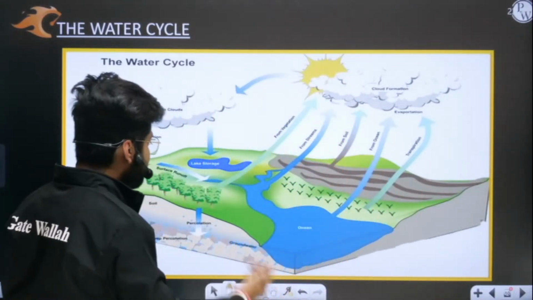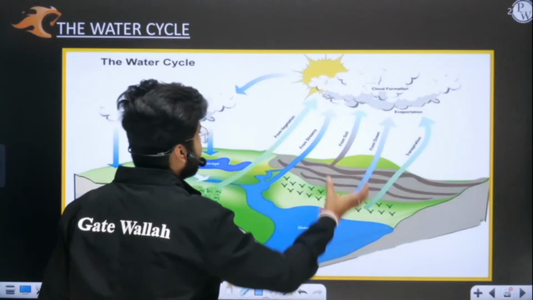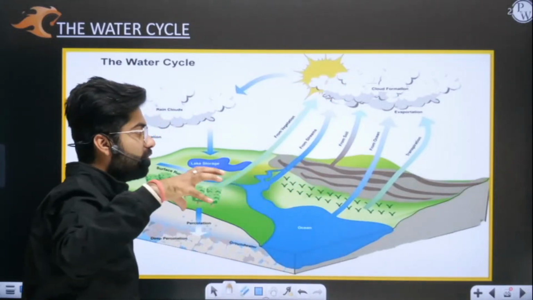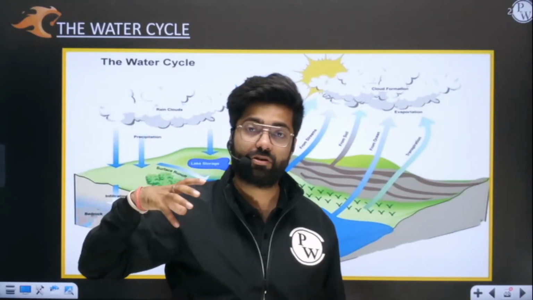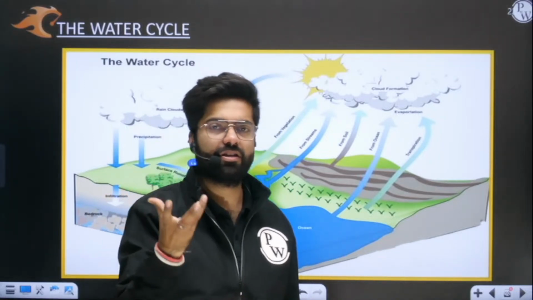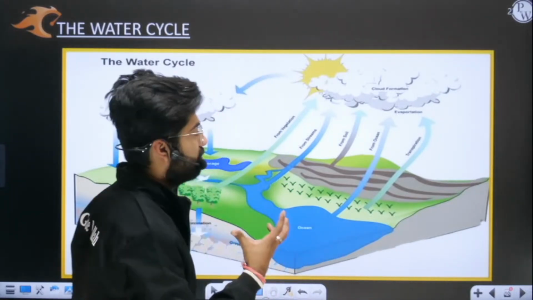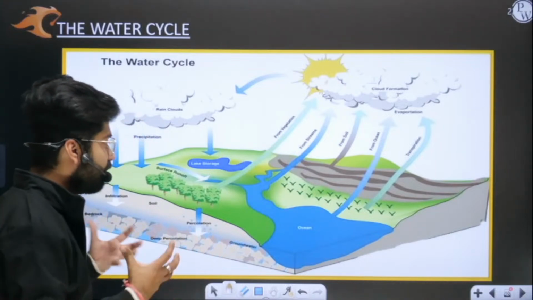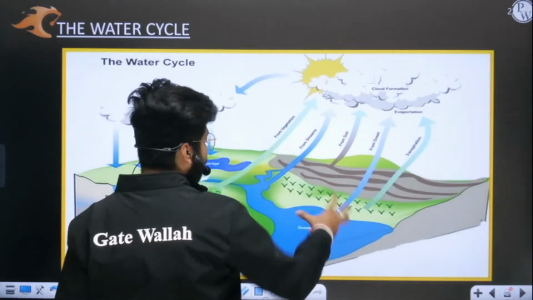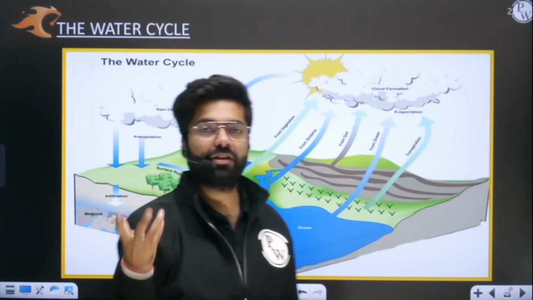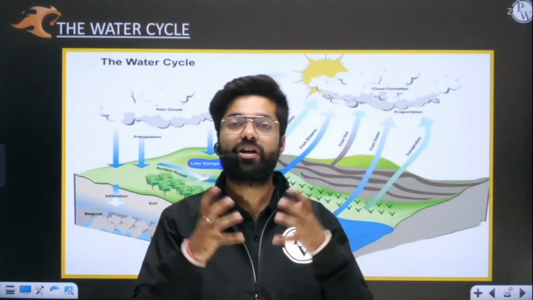See, let us start from oceans. You all know the sun is a great source of heat energy, and because of this tremendous amount of heat energy, the ocean water will evaporate. The ocean and sea water will evaporate. Yes or no?